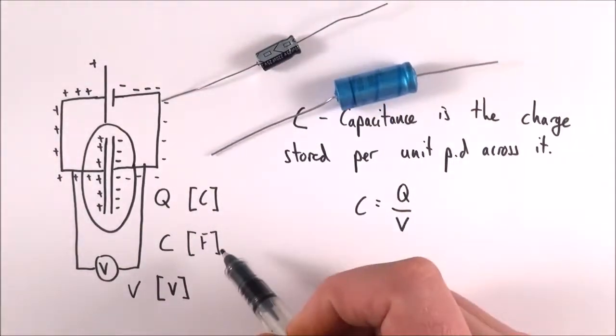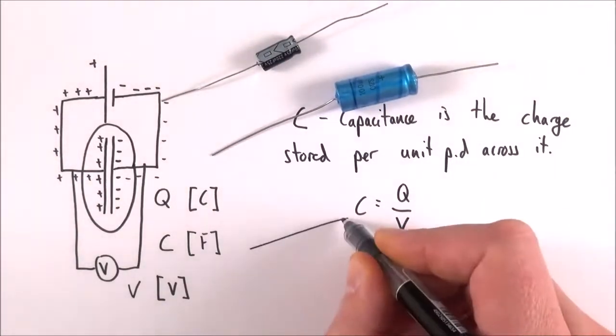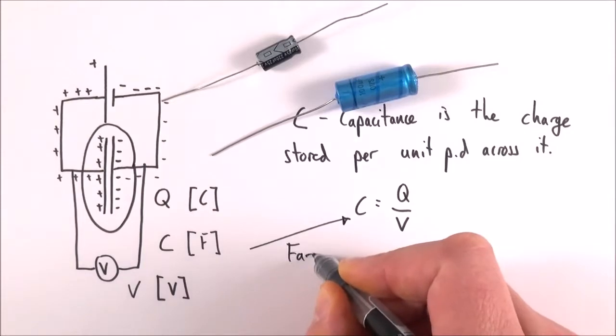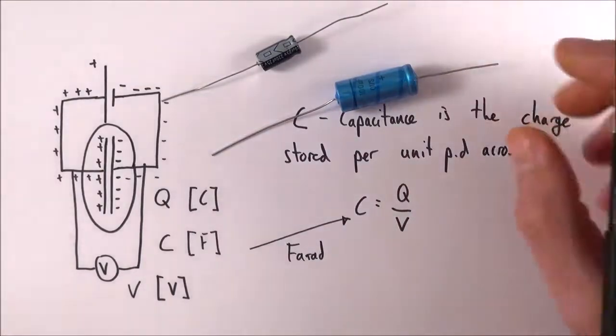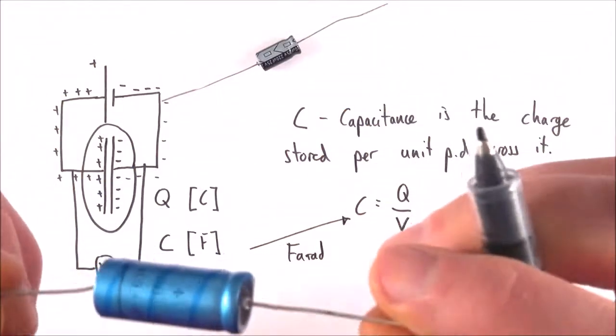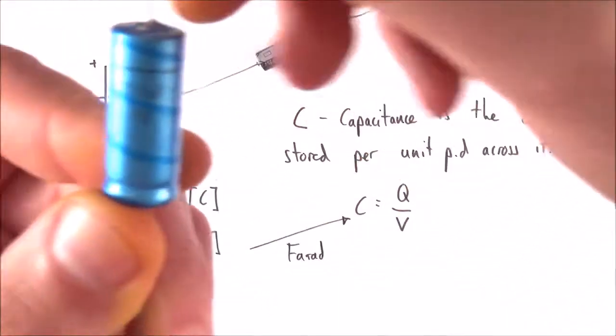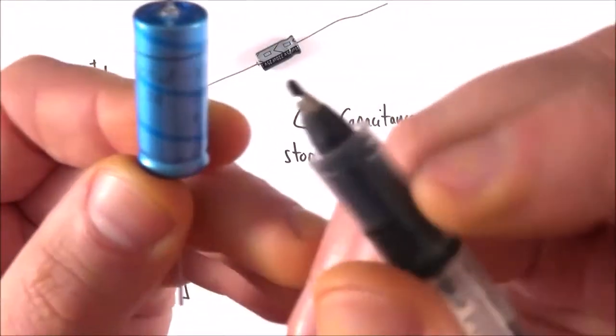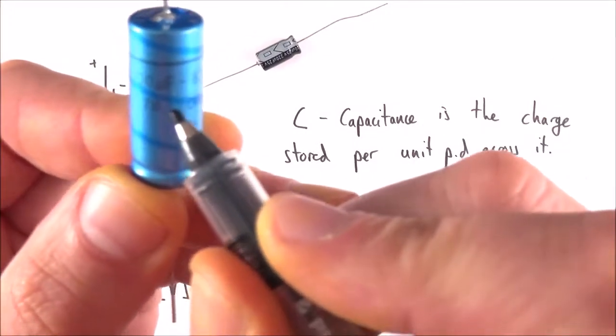Now, I mentioned here that capacitance has a unit of farads. Okay, and a farad is actually quite a large unit. When it comes to looking at these real-life capacitors, if I look on the side of this one here, I don't know if you can see it, it's got a value of 100 microfarads.